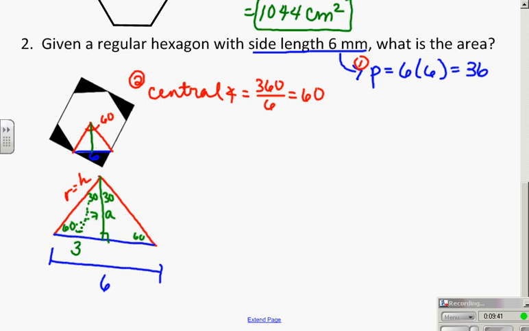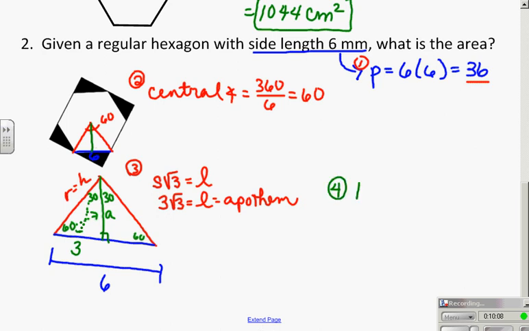If you were given the radius of one of the figures, that is actually the hypotenuse, and there are examples like that on your homework. So here I have the short side. Remember 30, 60, 90: short side times the square root of 3 is your long side. So my short side is 3, and 3 square roots of 3 is my long side, which is my apothem.